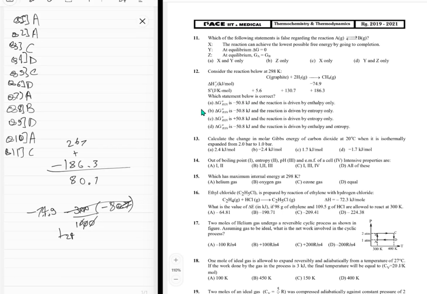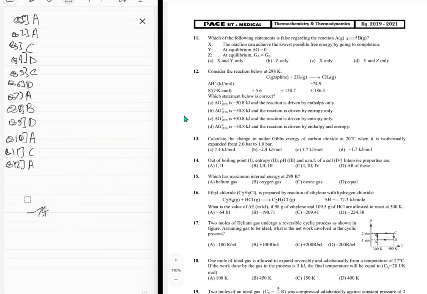It's negative, so it's spontaneous. So only ABD will work, C is wrong, and it's driven by enthalpy only. So the answer is A. Okay, next.